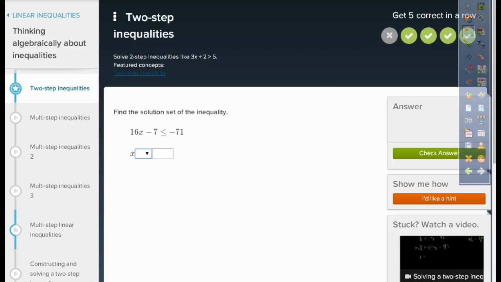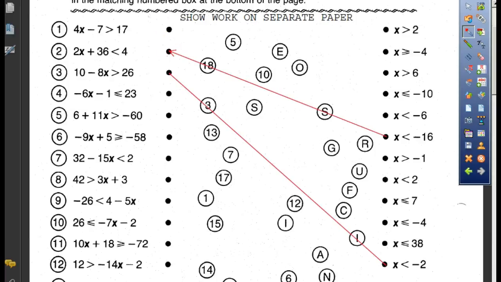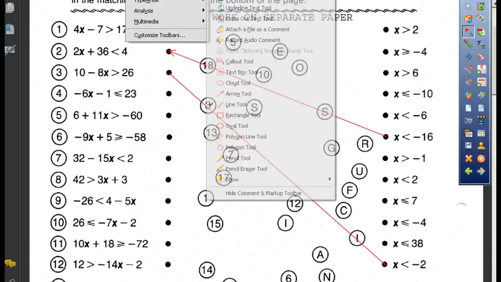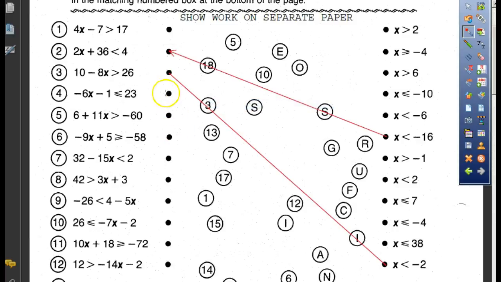Let's see. Let's try this again. There's Khan Academy. There we go. All right, so we got tools, markup, careful, fine. Okay. And what was the answer?